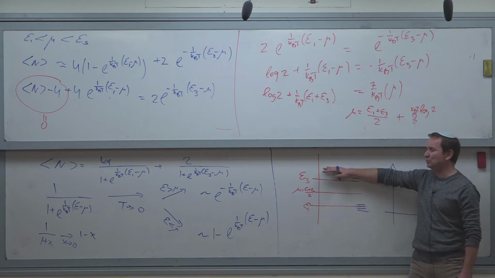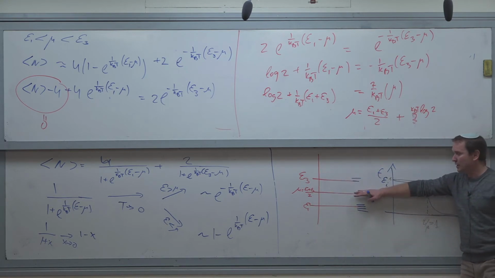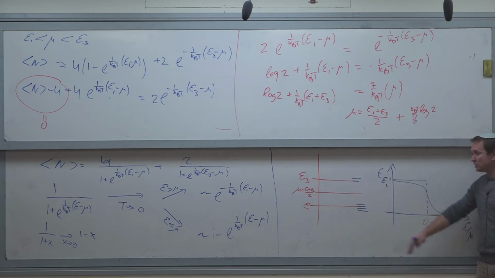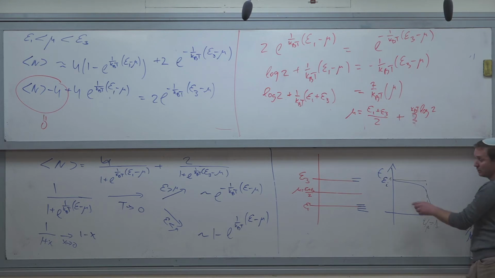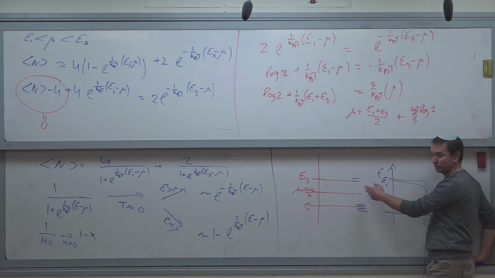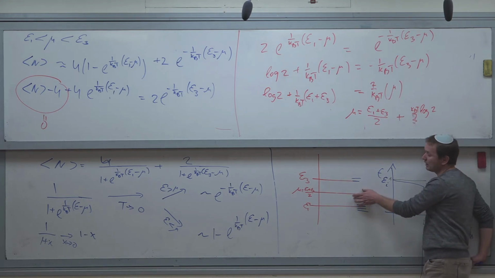Anything above this mu is not going to be occupied. Okay? As temperature grows, the occupation probability becomes smoother than a step function. And we see this effect by noticing that the Fermi level is moving away from the lowest energies and towards the higher energies.